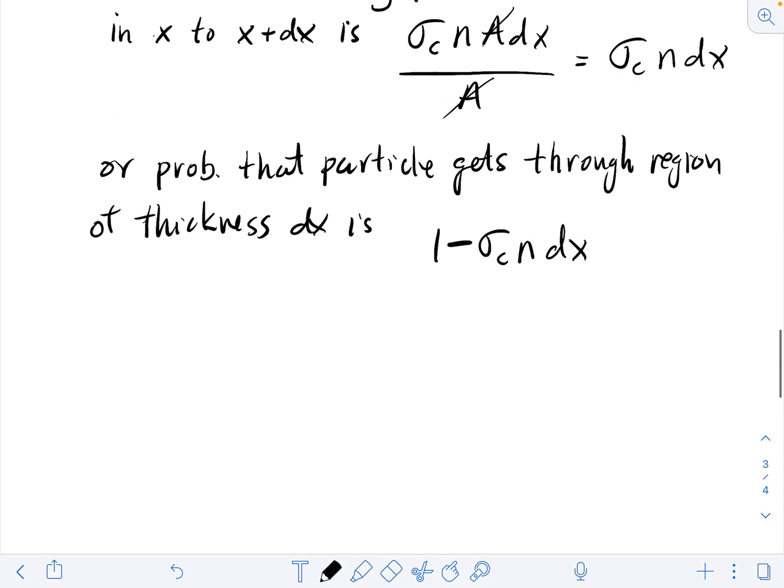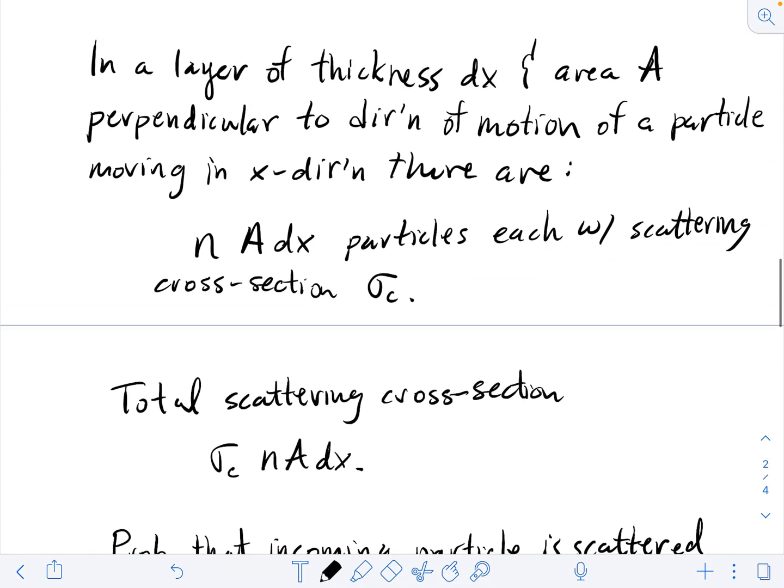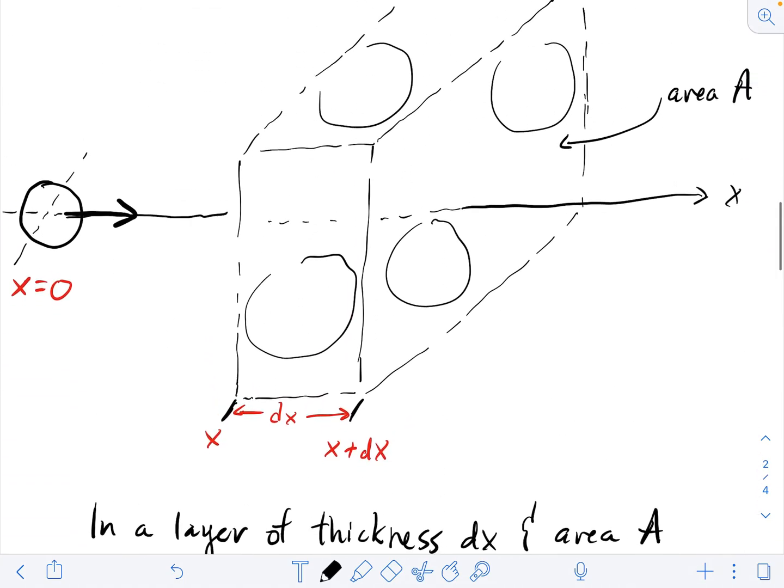Okay, so let's define some quantities then. We'll assume that our particle originates from the position x equals 0. Okay, and so that's what we drew up here. So it starts at x equals 0. The first thing the particle has to do is make it to position x.